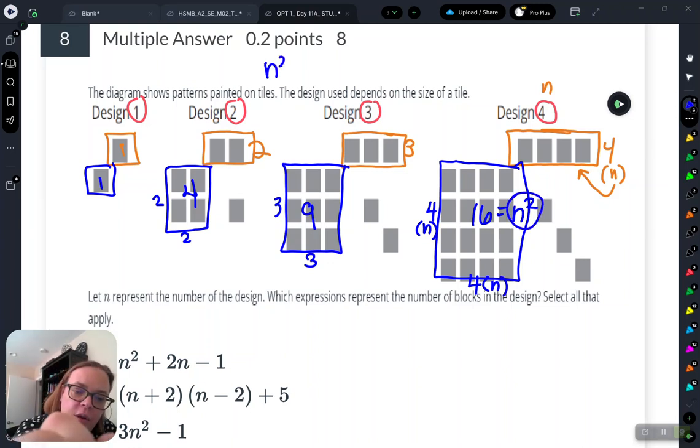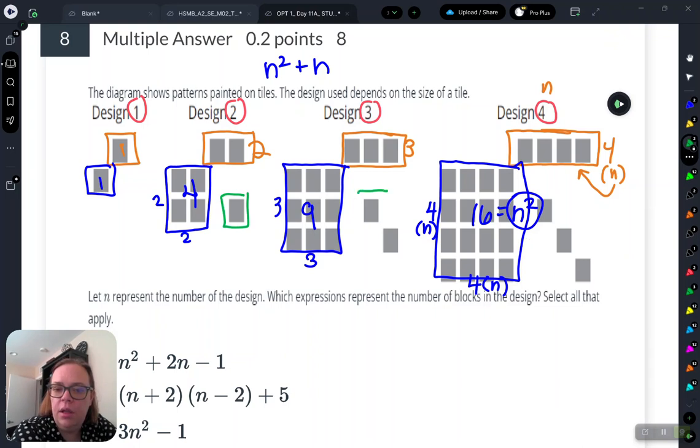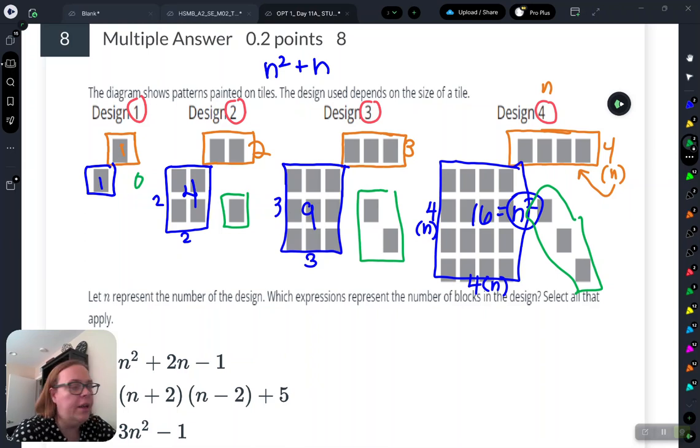And there's one more portion here. There's a block here, 2 blocks here, 3 blocks here, and no blocks in this one. So I'll say 0 blocks there. Okay, how does that relate to that design number?